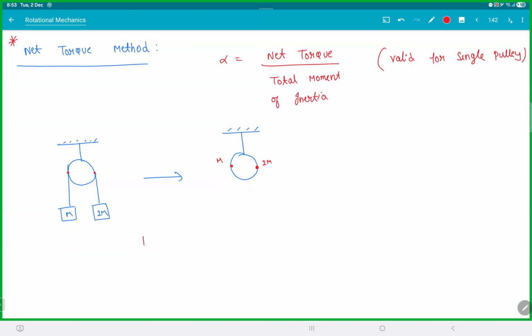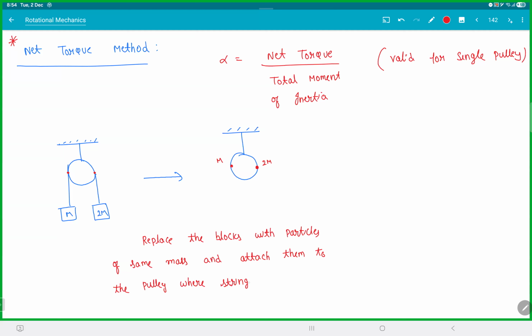So replace the blocks with particles of same mass, and attach them to the pulley where the string meets the pulley.